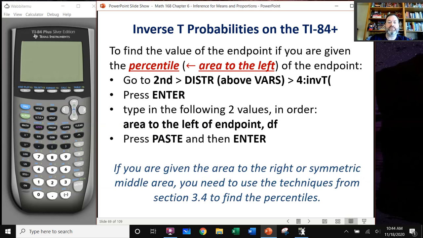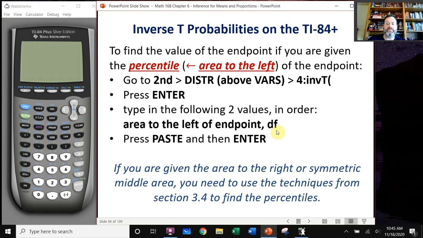So if you want to do an inverse t, this is how you do it. It's exactly the same as the inverse normal that we saw in chapter 5, except you don't type in the mean and standard deviation. The t-distribution mean is 0, and the standard deviation depends on the df. So you're not putting the mean in at all.